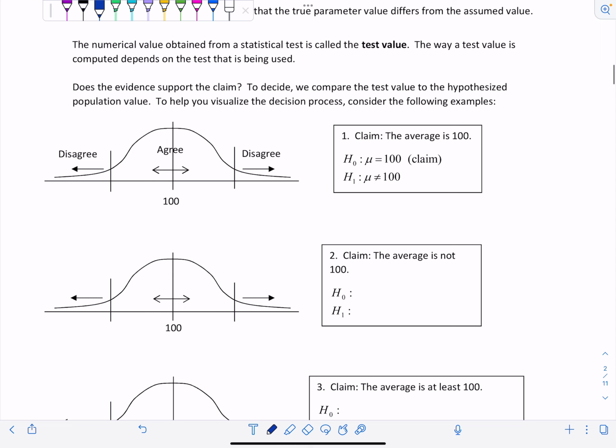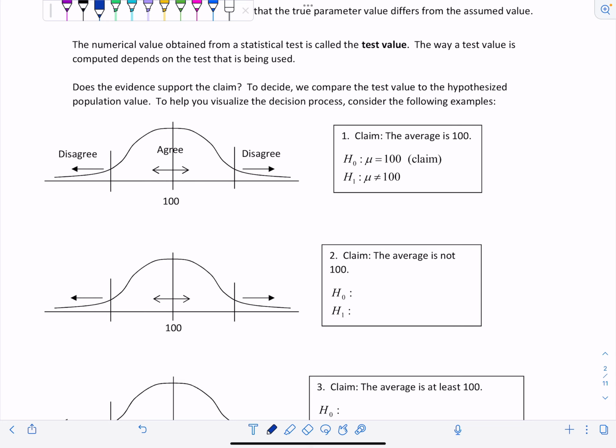So the numerical value obtained from a statistical test is called the test value. And the way a test value is computed depends on the test that's being used. So we're going to have like a z-test, a t-test, all sorts of tests. Does the sample evidence support the claim? So to decide, we compare the test value to the hypothesized population value.